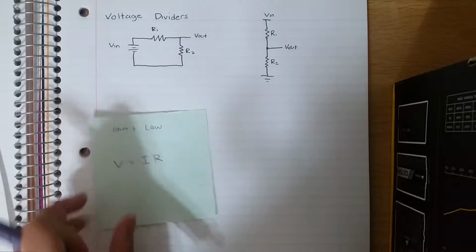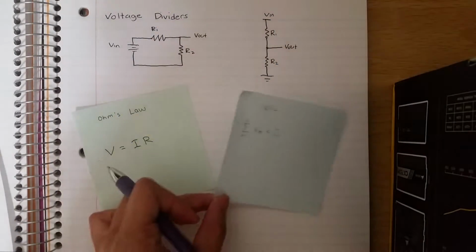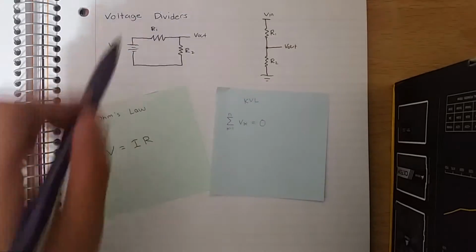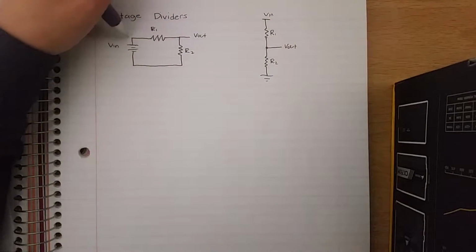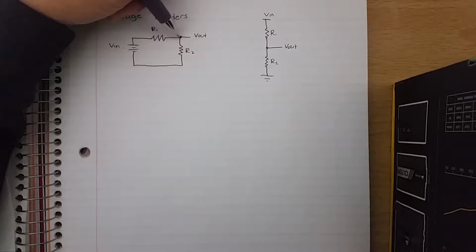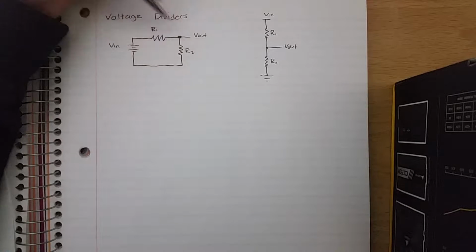I need Ohm's Law, which states that voltage equals current times resistance, and Kirchhoff's voltage law, also known as KVL, which states that the sum of all voltages in a circuit should equal 0. So what does that mean? It means that the voltage here should be V in, and by the time it gets to here, we don't know what voltage this node has over here, but we do know that by the time it gets to here, it should be 0.